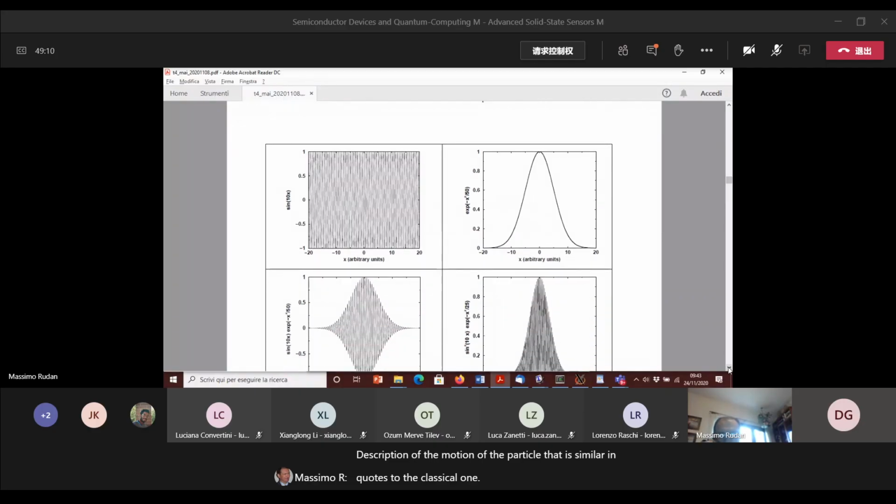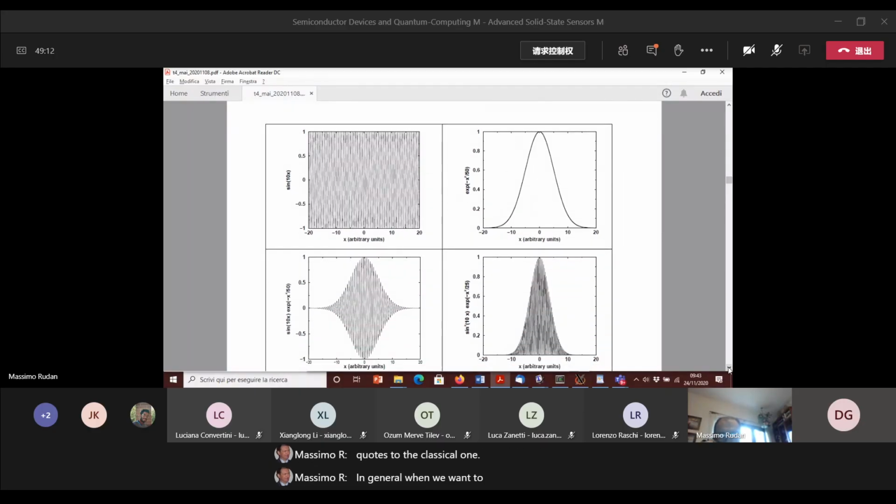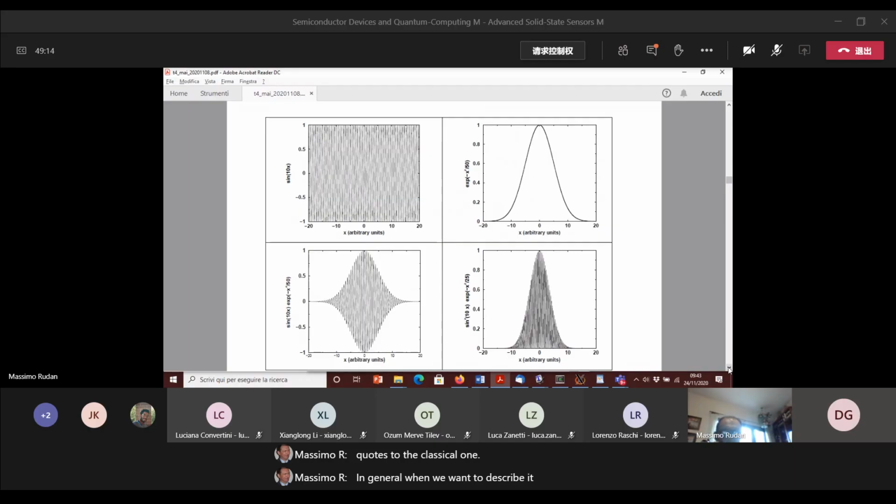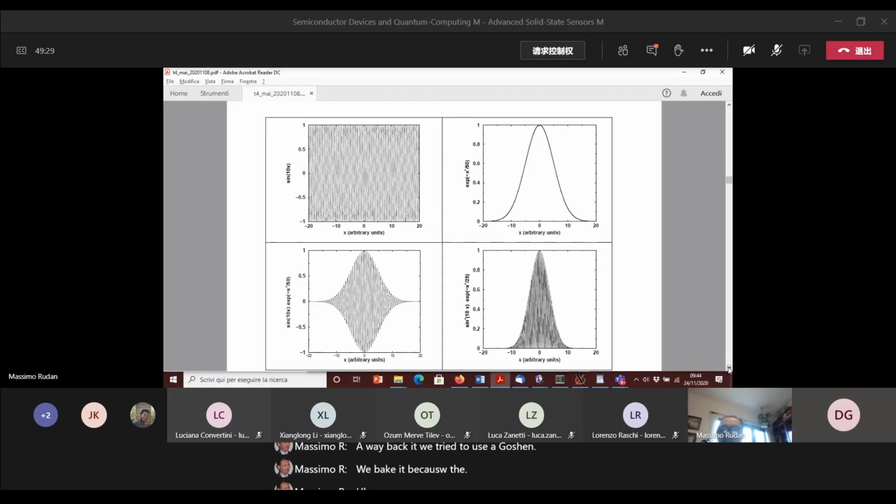In general, when we want to describe a particle with a wave packet, we try to use a Gaussian wave packet because the Gaussian wave packet has some properties.